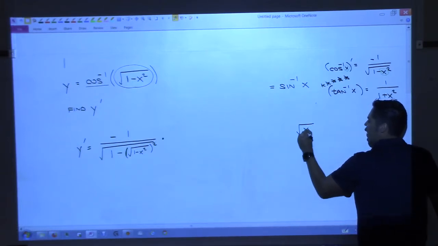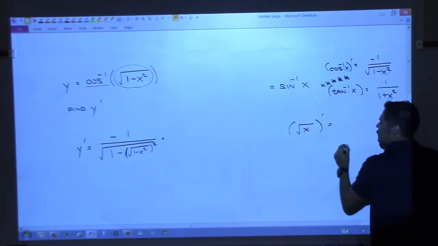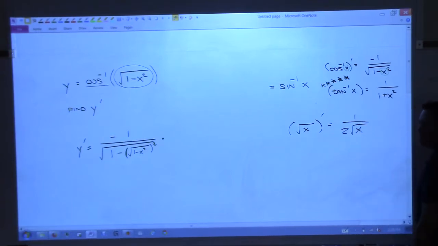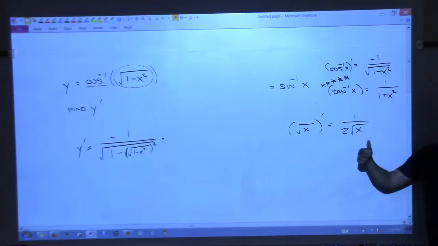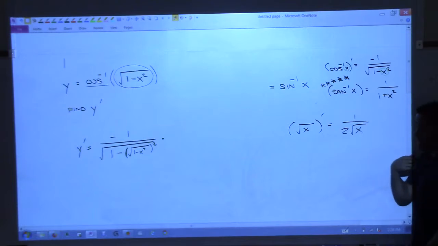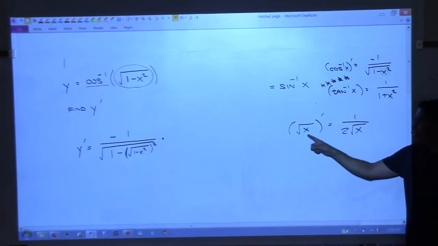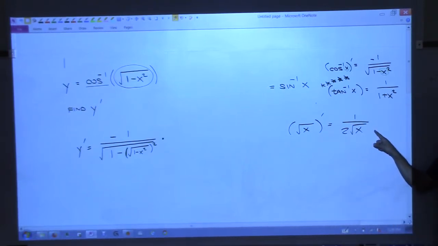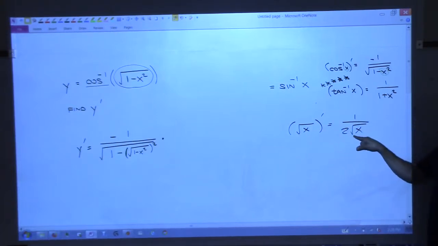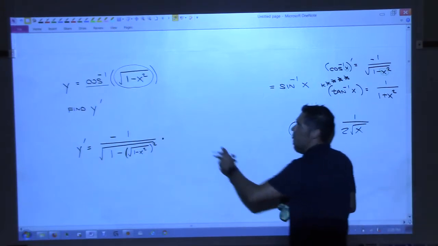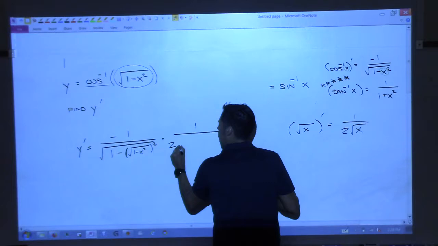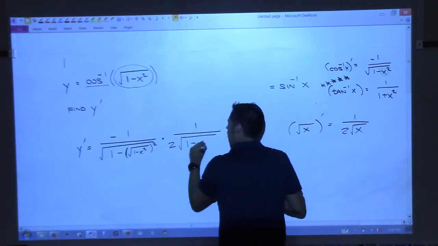If somebody gives you a square root of something, the derivative of it is 1 over 2 root something. That's it. Yes, you could do 1/2 x to the negative 1/2. I agree. But every time I take a derivative of a square root in this class, I'm always just going to go right to this. So the derivative of the square root of something is 1 over 2 times root of that something. So the derivative of square root of this is 1 over 2 roots of whatever was in there.